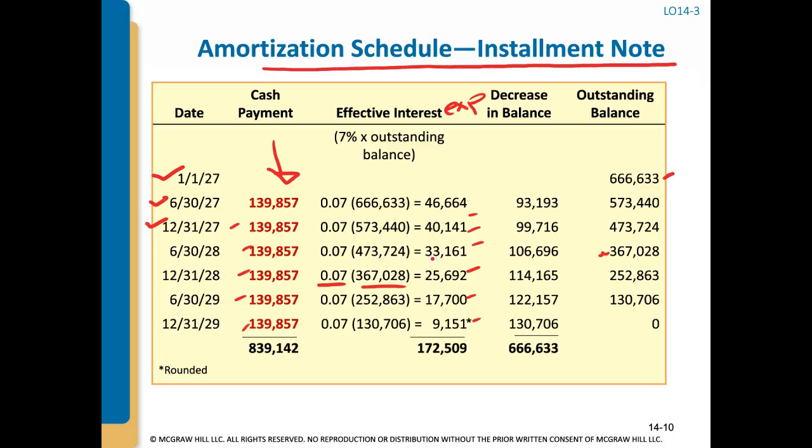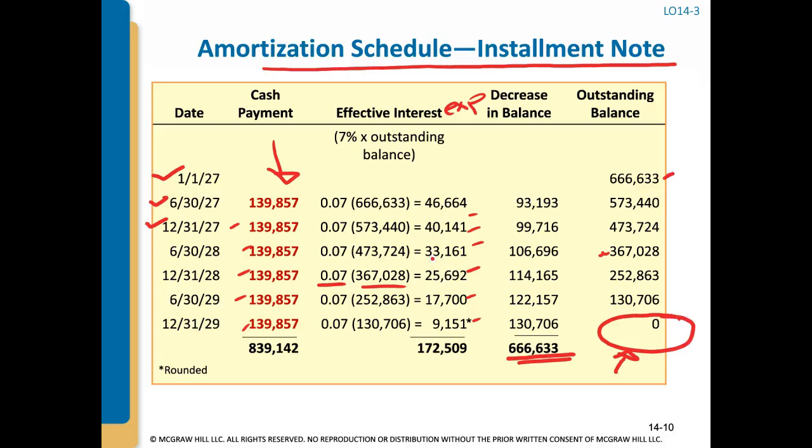And we're going to decrease our notes payable, whereas at the end, we have decreased it now for $666,633. And so notice that the outstanding balance at the end of the 3 years is 0.